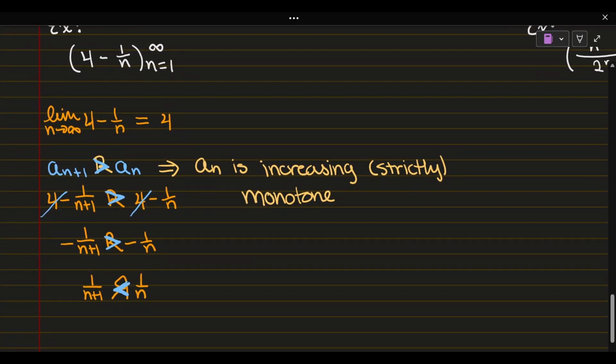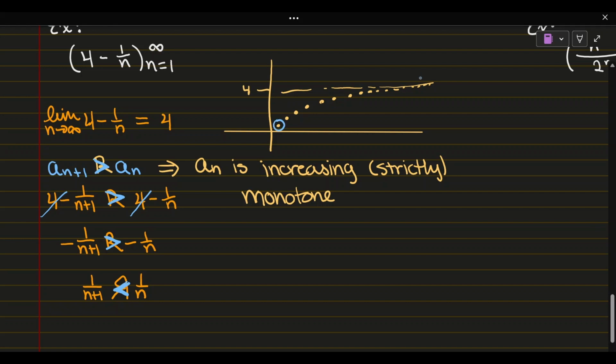Okay, great. The next thing we want to figure out is least upper bound, greatest lower bound. So my least upper bound is going to be the smallest upper bound. If I was to graph this, for example, my sequence is increasing, increasing, increasing, but it also converges. So it must be getting closer and closer to 4. So my smallest term must have been my first term.